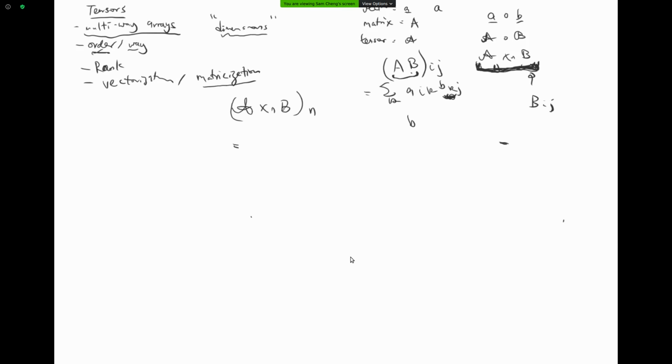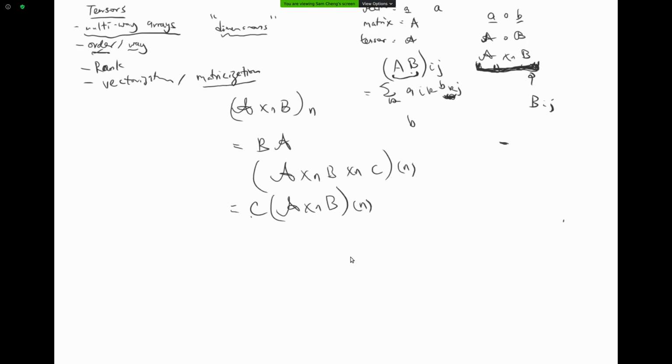That is the easiest, right? BA. So let's say I do A ×n B then ×n C again, and I look at the mode-n matricization of this. This will be equal to A ×n B times C, right? The mode-n matricization of that.